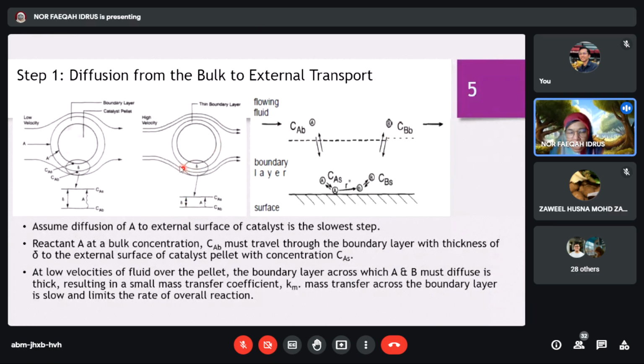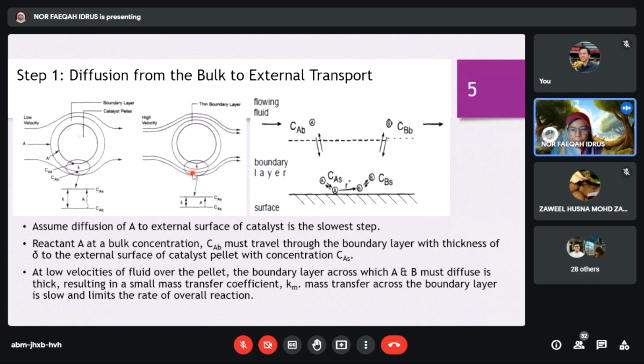So dia cepat sampailah at the external surface. Therefore, the mass transfer no longer limits the reaction. Kalau tadi low velocity mass transfer limit the overall reaction, but now because the boundary layer ni become thin, the mass transfer no longer limits the overall reaction.